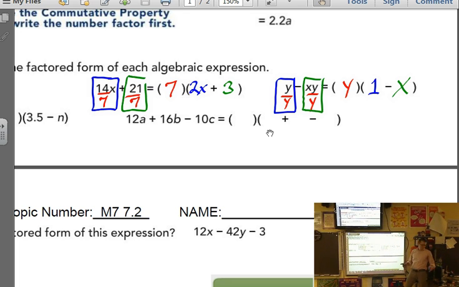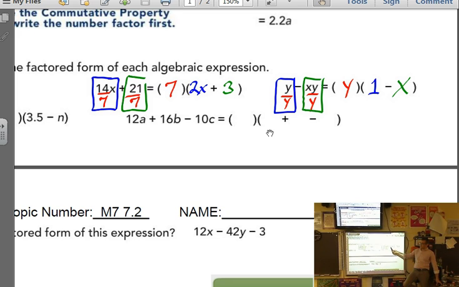Questions? Andrew: So instead of the y in there, would 1 times y minus xy work?